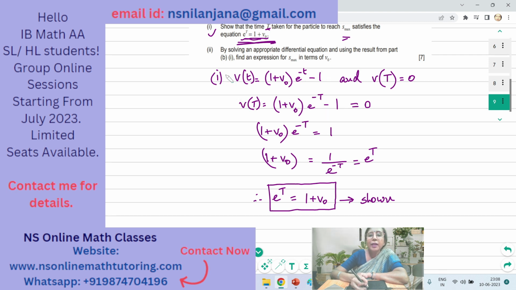We have the expression of V, we need the expression for the displacement. What is velocity? It is the rate of change of the displacement with respect to time. So V of t will be ds dt.